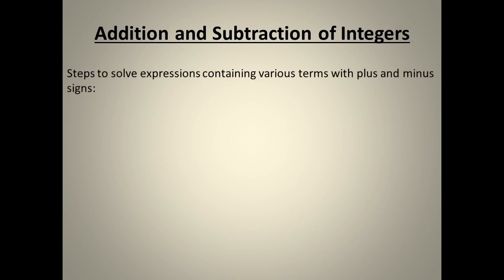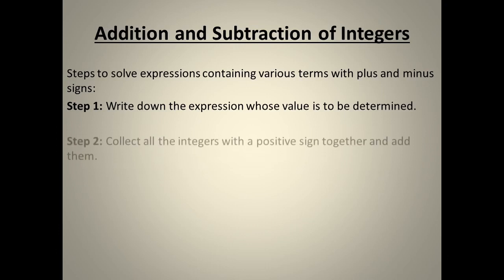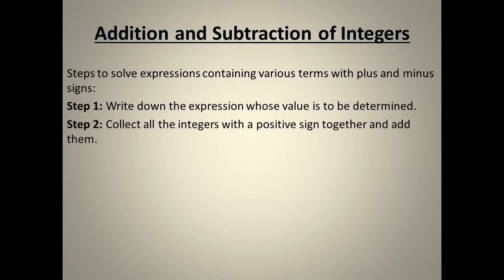The steps to solve expressions containing various terms with plus and minus signs are: step number 1, write down the expression whose value is to be determined. Step number 2, collect all the integers with a positive sign together and add them.